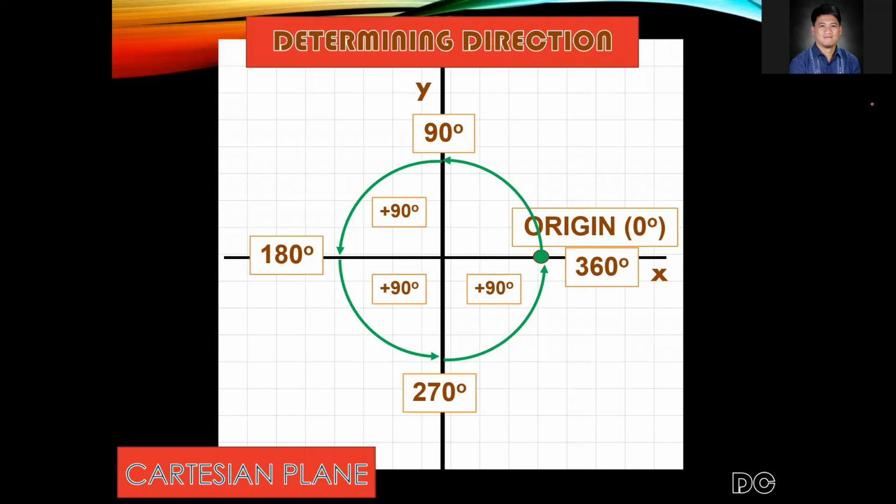For example, 90 degrees is the north, 180 is the west, 270 is the south, and 360 or 0 degrees is the east.